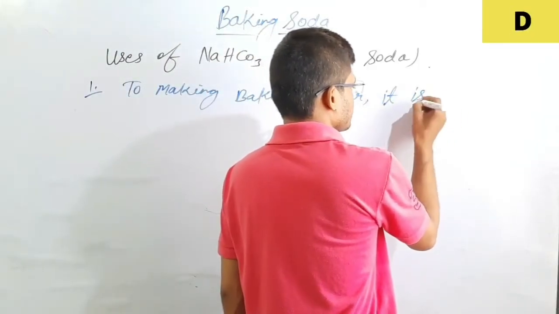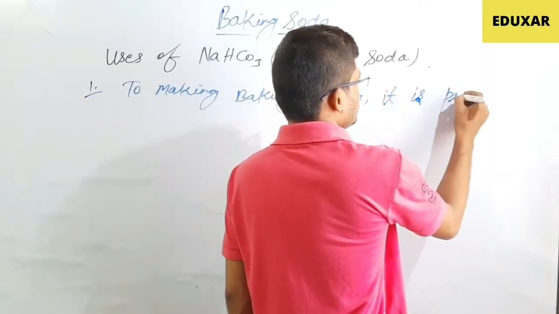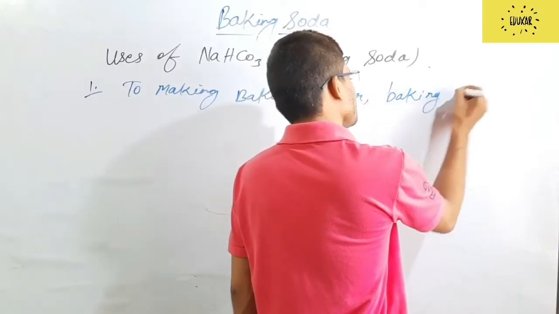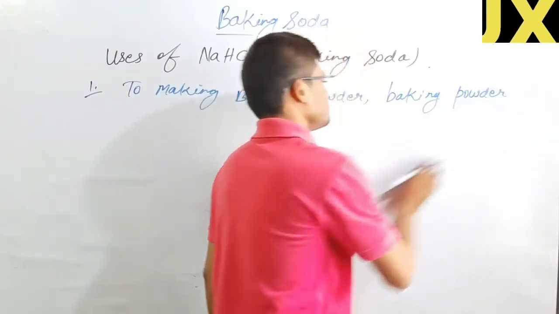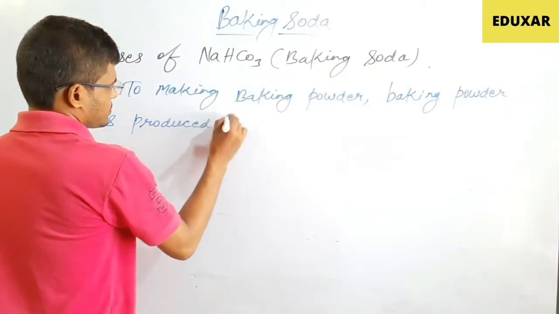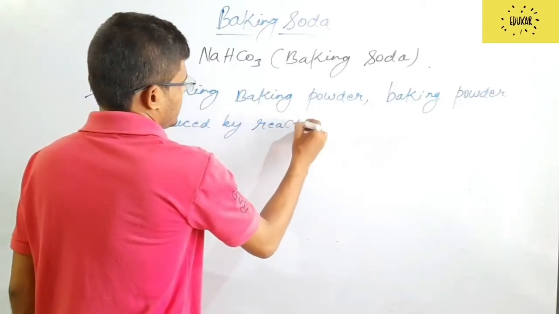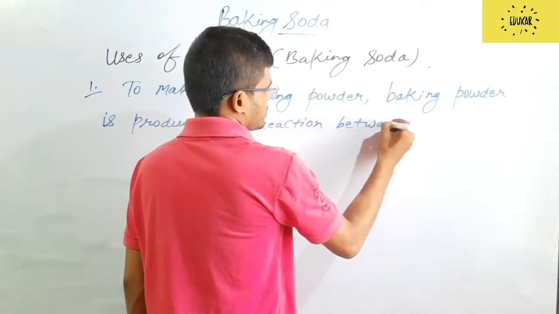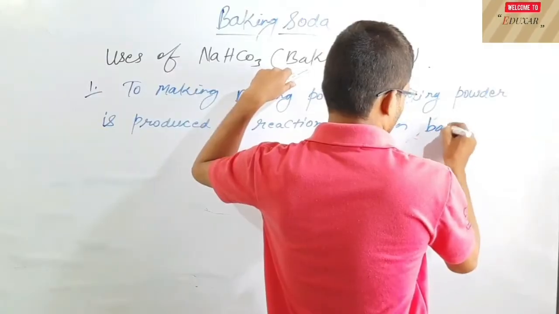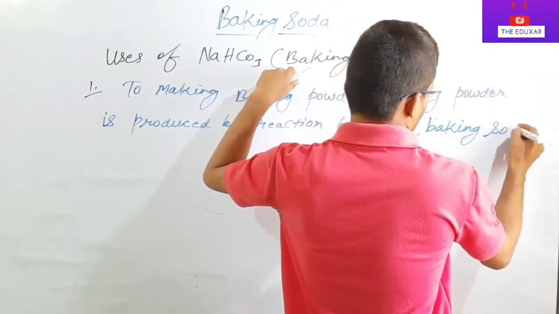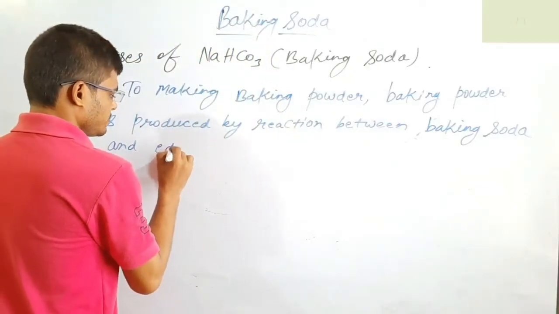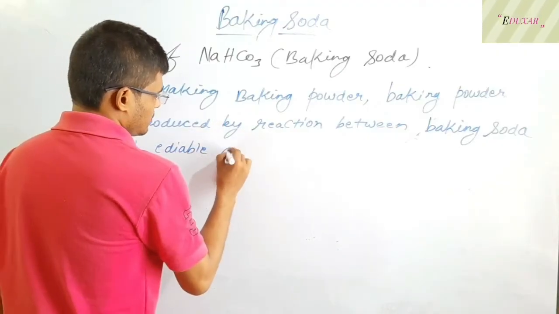Baking powder is produced by the reaction between this baking soda and an edible acid.